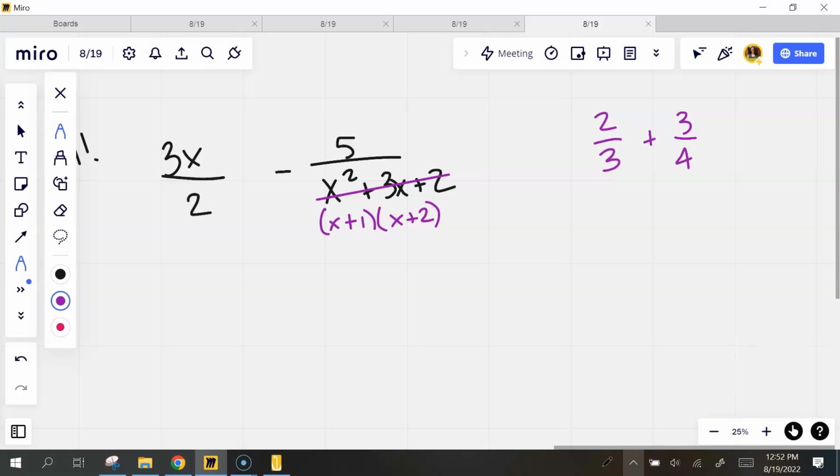How? Well, what do you do here? I could multiply this by top and bottom, and this one by top and bottom. So I'm going to do that same thought process here. I'm going to multiply x plus 1, x plus 2. Same way I did it over here with a basic one. This one I'm going to give a 2.